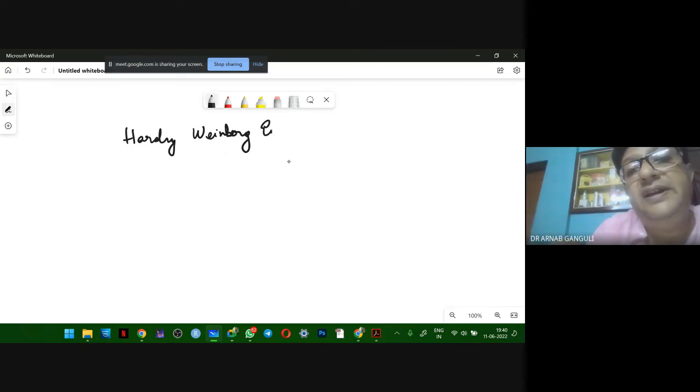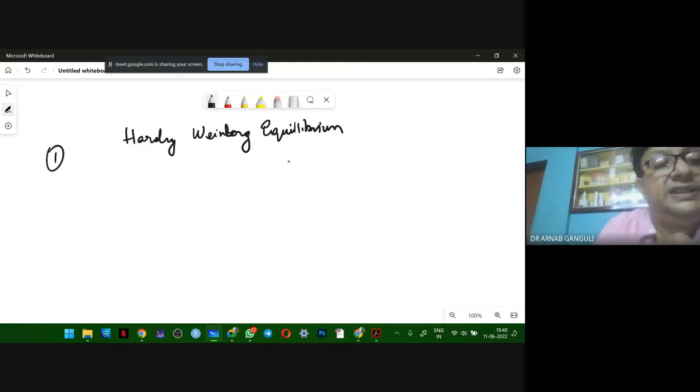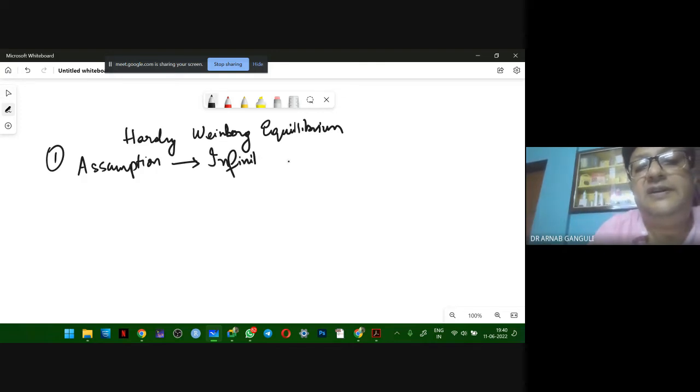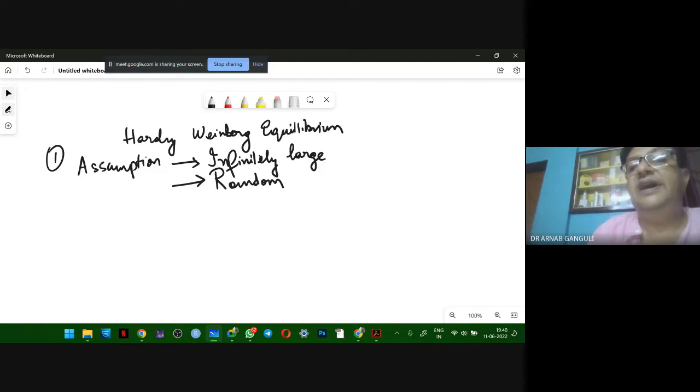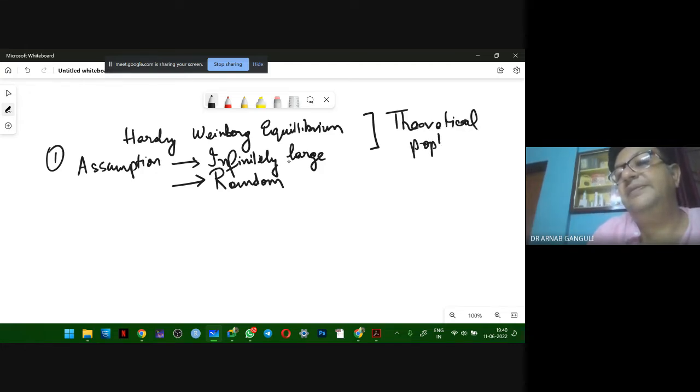Hardy-Weinberg equilibrium. So the first part is the assumptions. Population must be infinitely large. Right, then random mating. As you can see, this is actually very theoretical. Practically, it will not happen. But you need somewhere to start your mathematics.